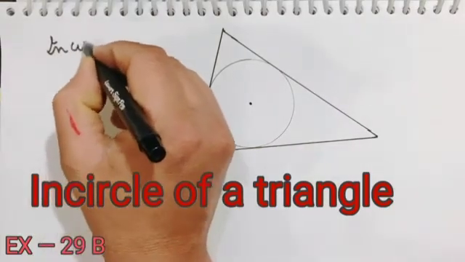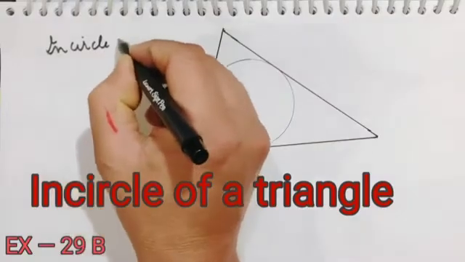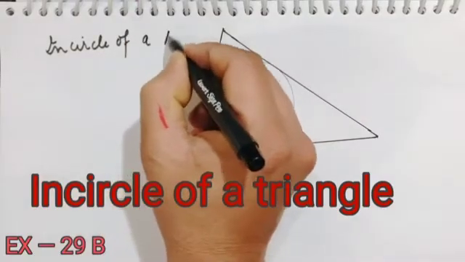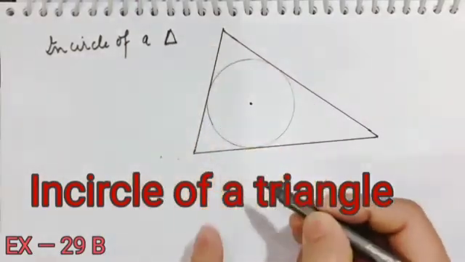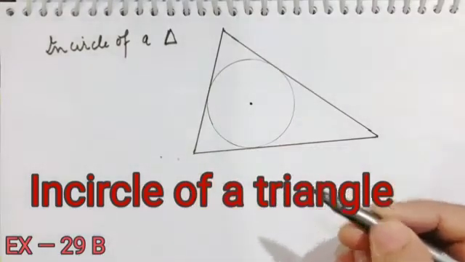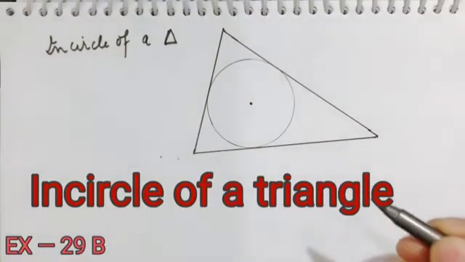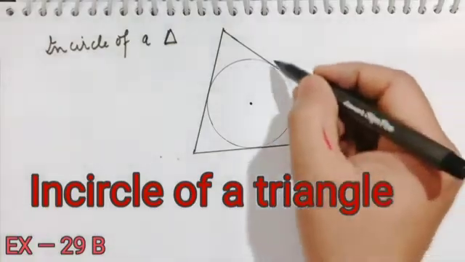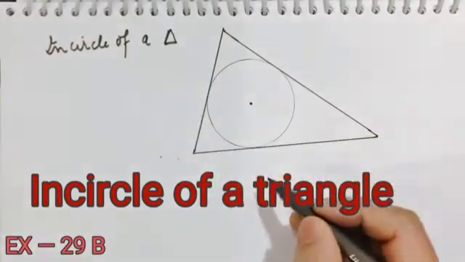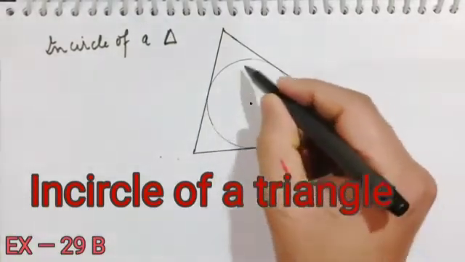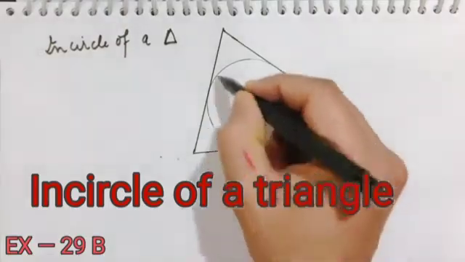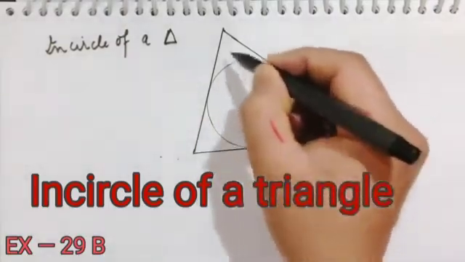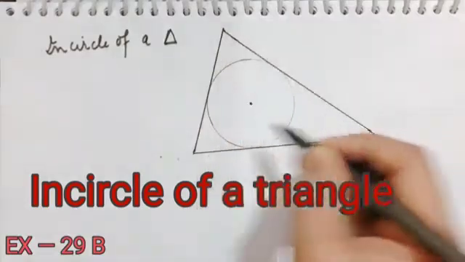Incircle of a triangle means there should be a triangle drawn before, and then we'll have to construct a circle such that the circumference of the circle should touch the sides of the triangle.